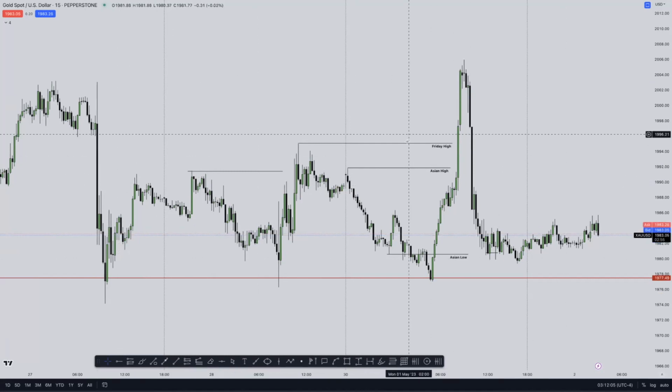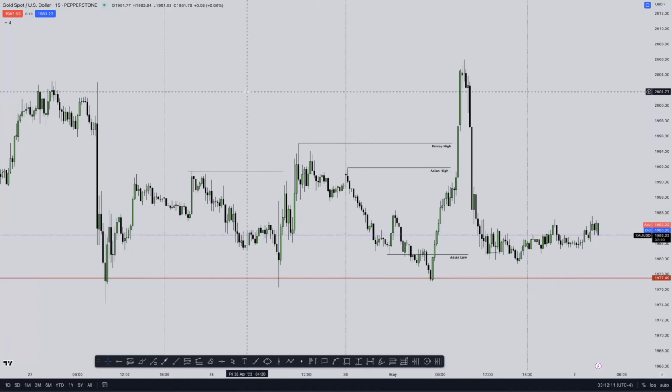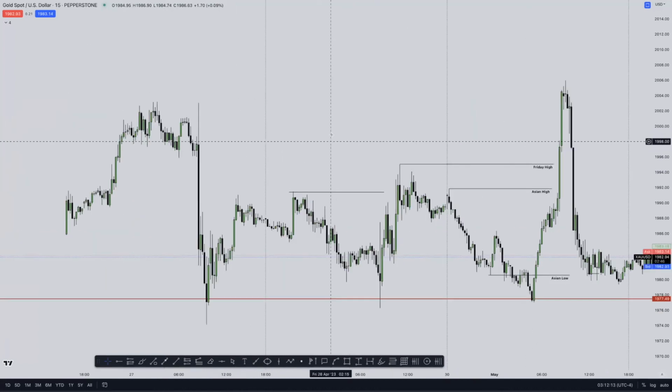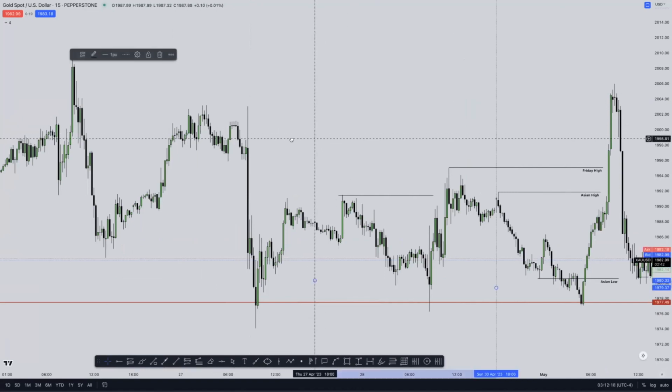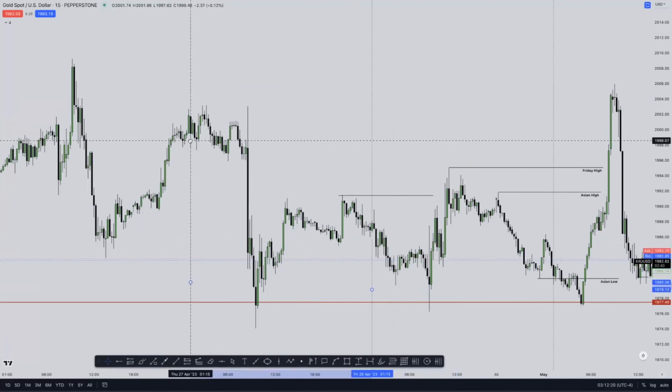If you observe, this is yesterday's price action. This is May 1st. This is April 28th, right? So let's look at April 28th, 27th, and the 1st of May. And let's look at it on the 15-minute chart, okay?